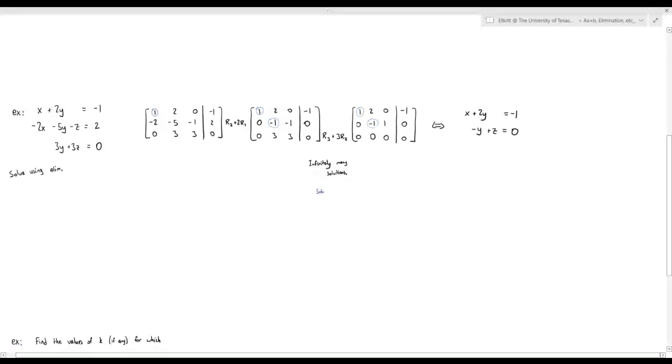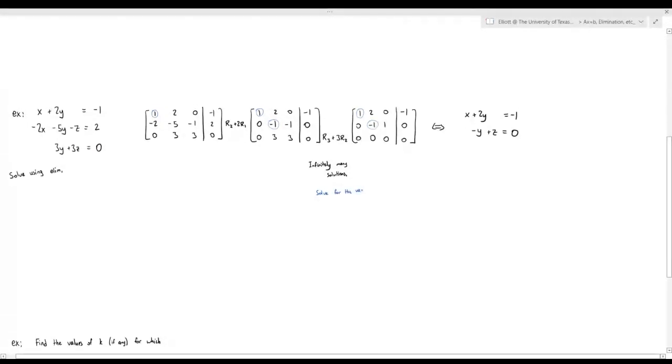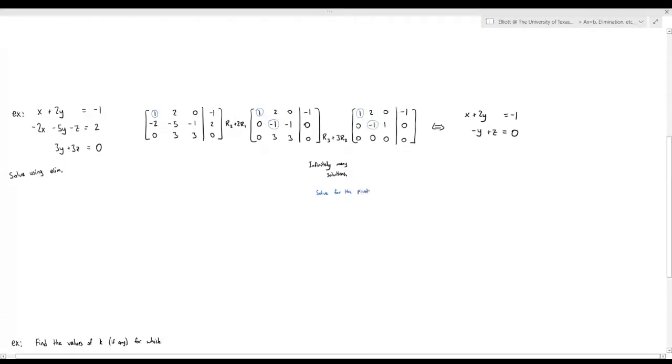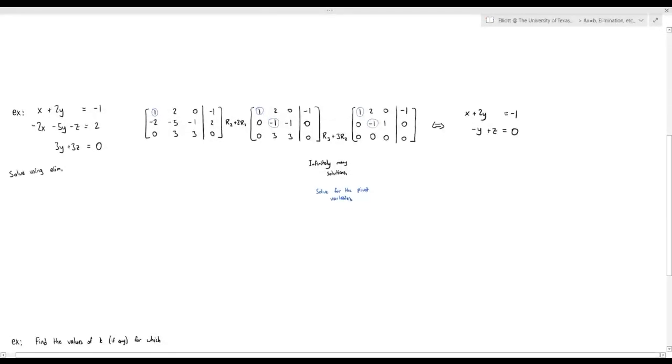solve for the variables that correspond to the pivot locations in your final matrix. So maybe I'll word it as solve for the pivot variables. This would be how I'll word it. Okay.